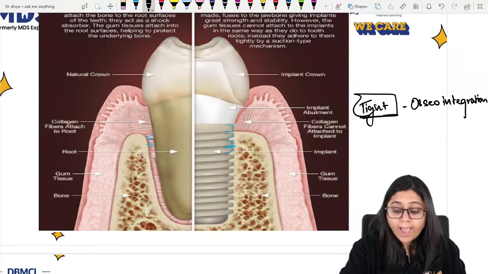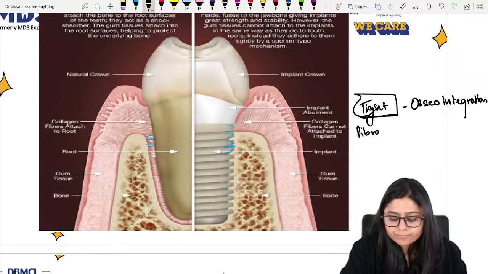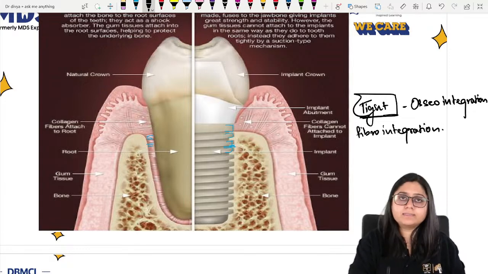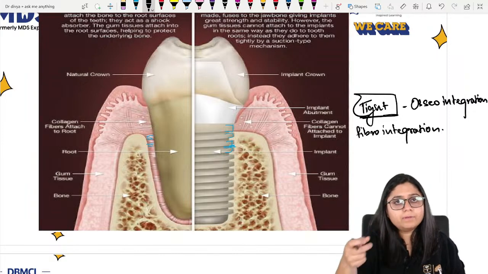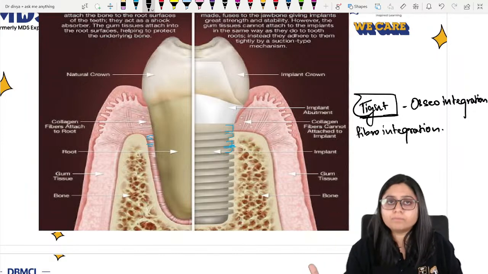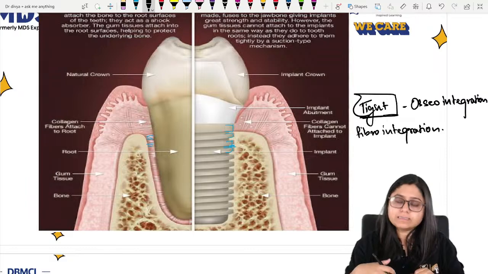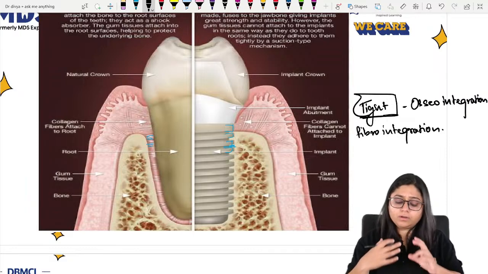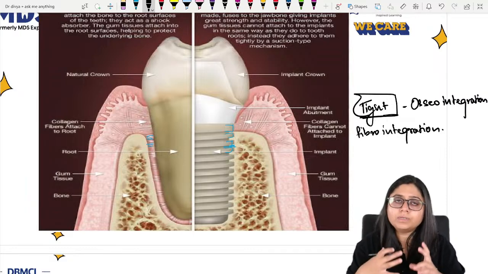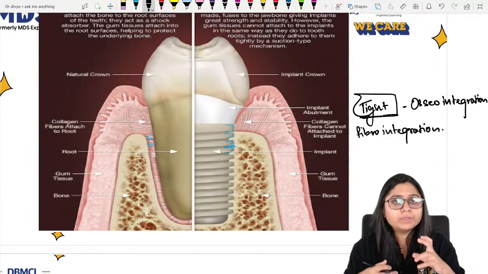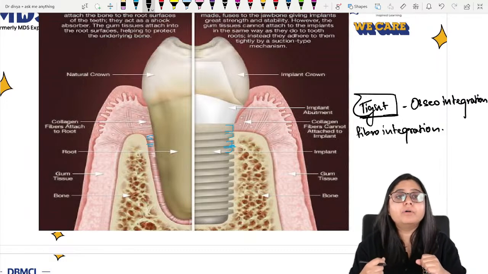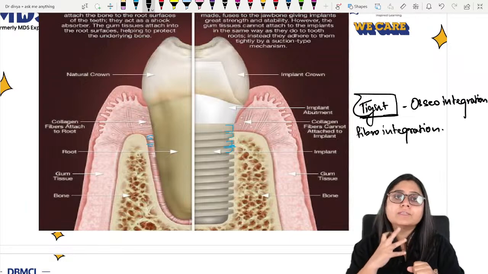If there is a fibrous integration, which is called fibrointegration, then the implant will not be firm inside the bone, and there will be mobility. We will need to remove the implant. It will not be anchored inside the bone. Okay, so what we want inside the bone is an osseointegration with the implant, so that there will be a firm anchorage and it will be able to bear the forces of the tooth.